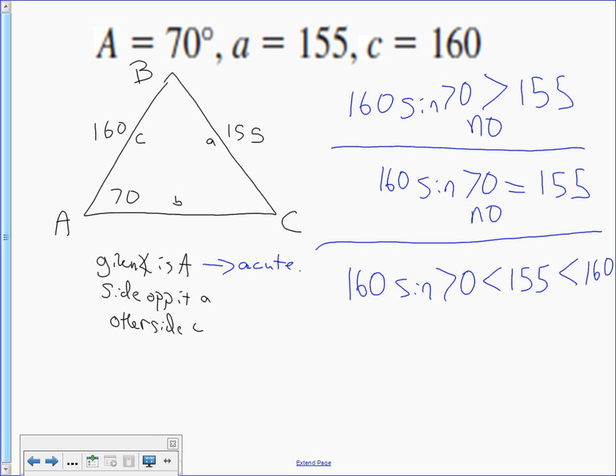Yeah, that's true, because what's this value here? How much? 150. So 150 is smaller than 155, which is smaller than 160, which means how many possible triangles could we wind up with here? 2. We could have 2 possible triangles.